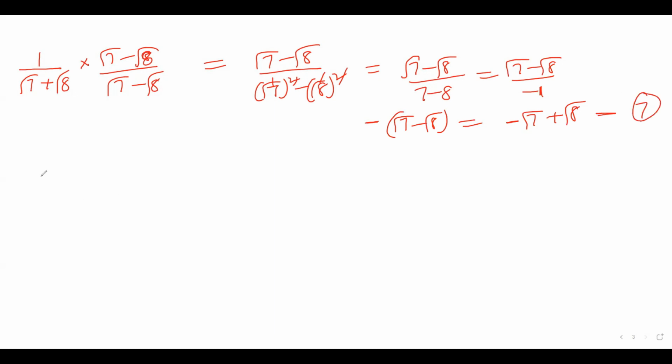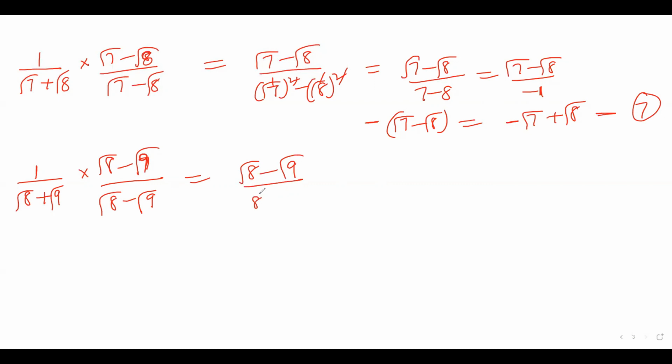And lastly, the eighth term: root 8 plus root 9. The rationalizing factor is root 8 minus root 9. On multiplication, we get root 8 minus root 9 by root 8 square minus root 9 square. Do you know what is the square root of 9?